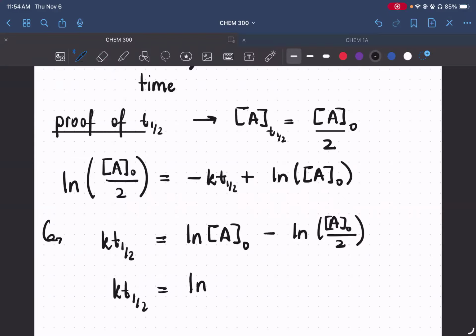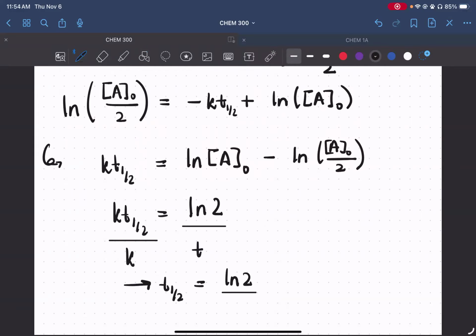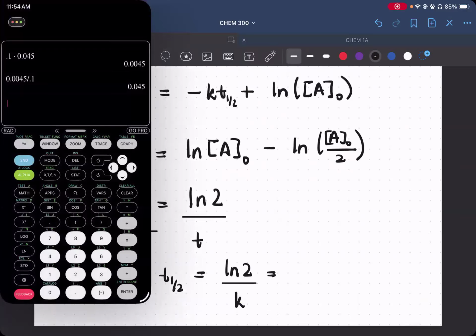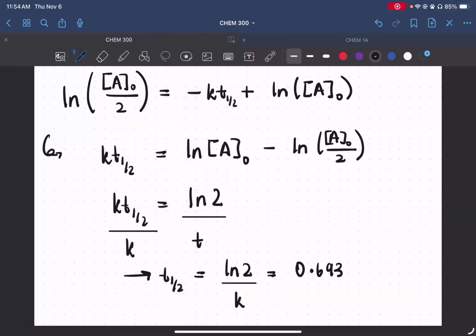This is equal to ln 2. Upon dividing both sides by k, we get that the half-life is equal to ln 2 over k. And if we plug ln 2 into our calculator, that is where the 0.693 comes from.